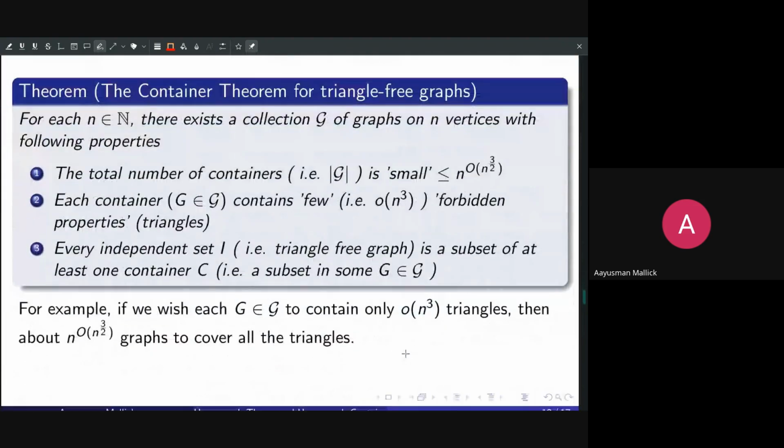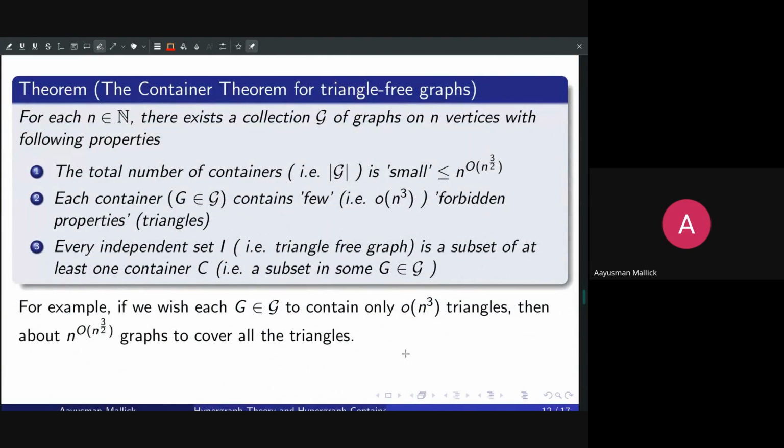Here, the relation between small and few, if we work out the expressions of the theorem, we get that if we wish our total number of containers to be within, okay, let me explain this notation a bit.